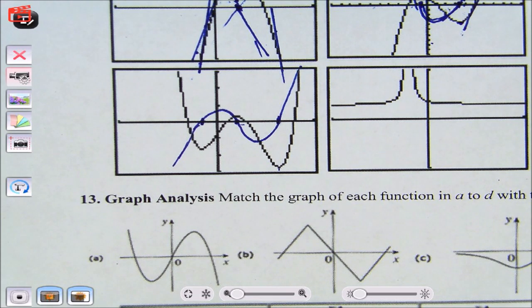For what? Point slope form? So you find the equation of the tangent line? Yeah. And you plug that in order to find the equation of the line, or the derivative. Okay, but we're not doing any of that. All we're doing is looking at whether the slope is positive or negative.